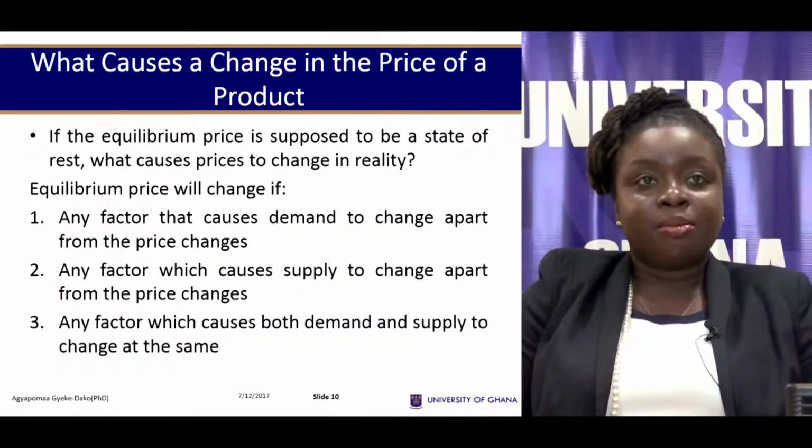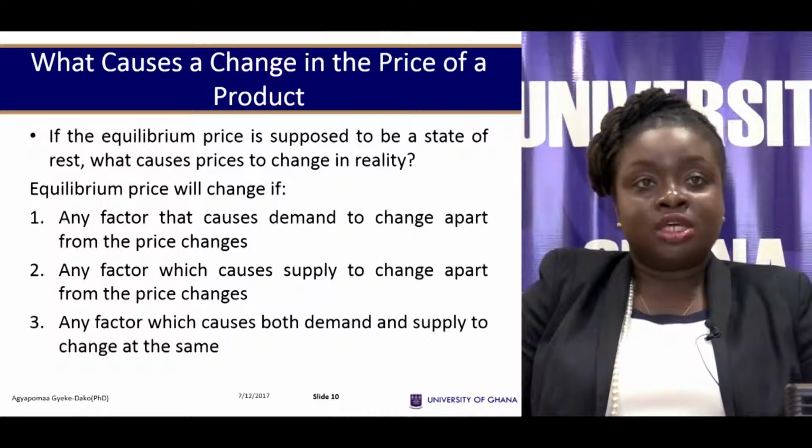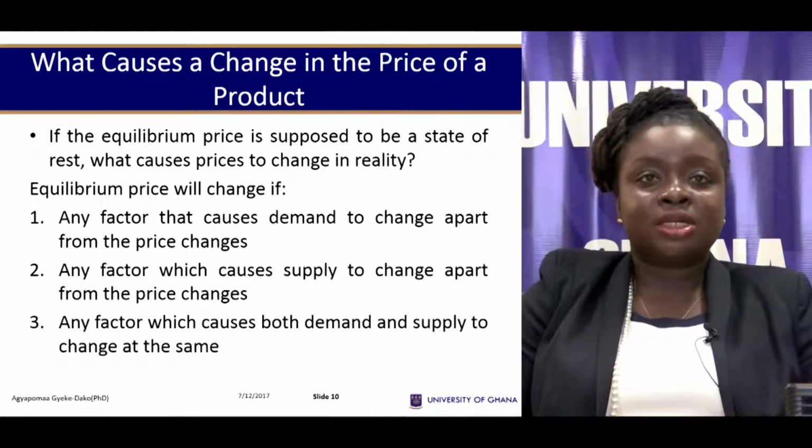So a typical example, say we have severe weather that destroys the output of a farmer. So say the farmer was producing tomatoes. We have severe weather conditions, and that destroys the production of tomatoes. We are obviously going to be finding supply reducing.